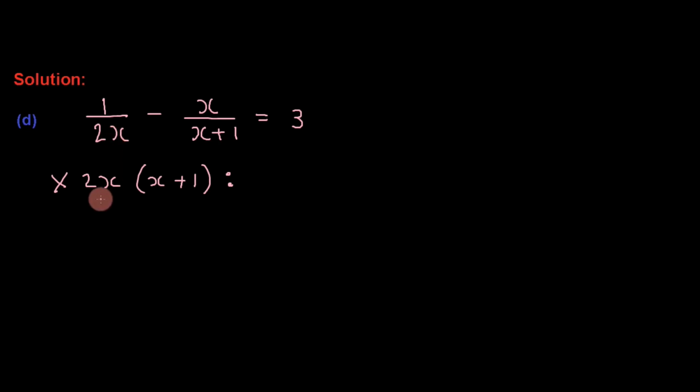So then 2x into the LCD, x plus 1 remains, times the numerator, so 1 times x plus 1. Then x plus 1 into the LCD, 2x remains, times the numerator, which is x. And then we also multiply the right-hand side by the LCD. So we get 6x into x plus 1.